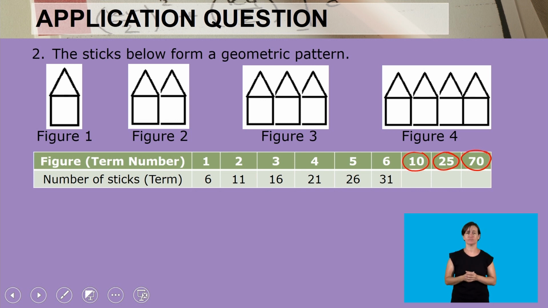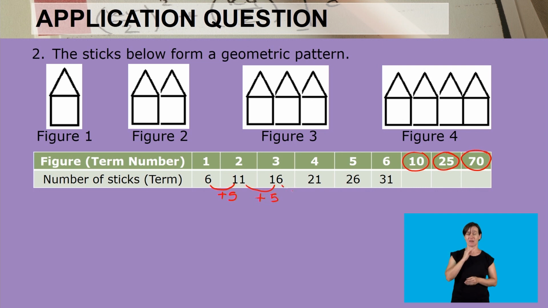Looking at the table below, we can see that our first term is 6, which means the first figure had 6 sticks. The second term is 11 and the third term is 16. What rule did we notice here? Well, from the first term to the second term, we add 5. From the second term to the third term, we add 5.